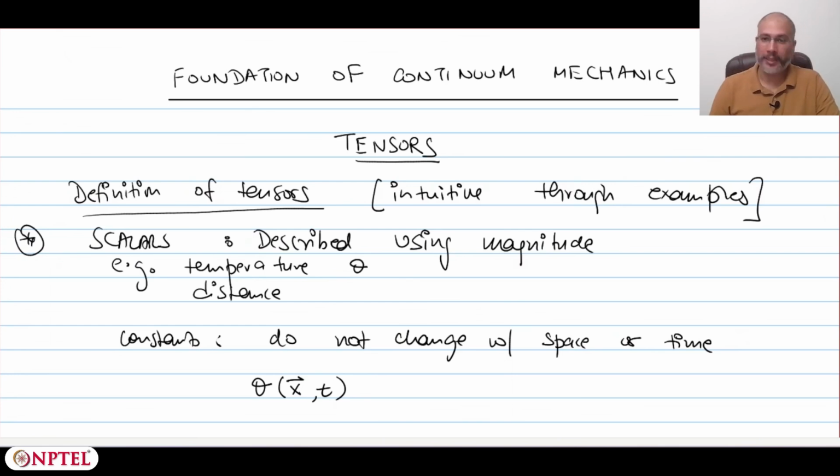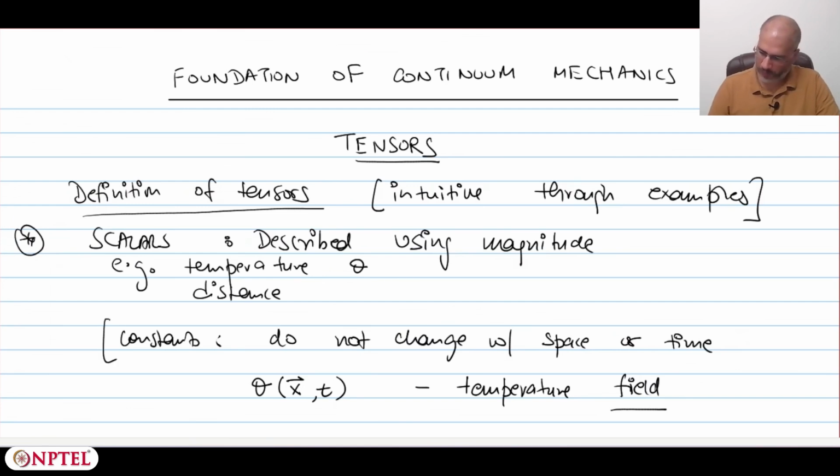In fact, quantities that change with space and time are generally referred to as fields. So this theta, which is changing with x and t, will be known as a temperature field. I'll underline field here because we want to stress on the fact that a field is a quantity that changes with space and time.